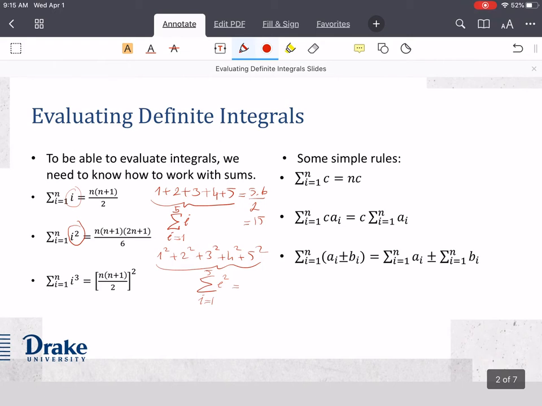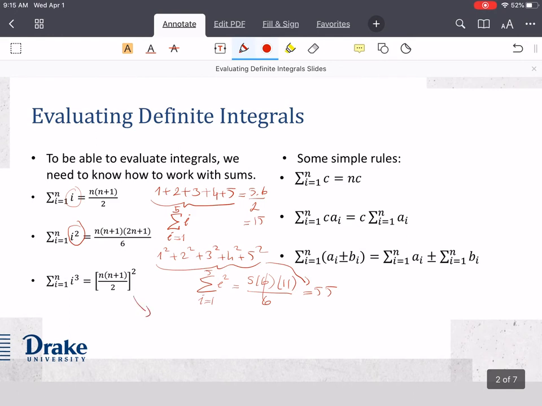To calculate that, we'll do n times (n plus 1) times (2n plus 1) over 6. n in this case is 5, n plus 1 is 6, and 2n plus 1 is 5 times 2 plus 1, which is 11, over 6. This will give you 55. So the sum of 1 squared plus 2 squared plus 3 squared plus 4 squared plus 5 squared is basically 55.